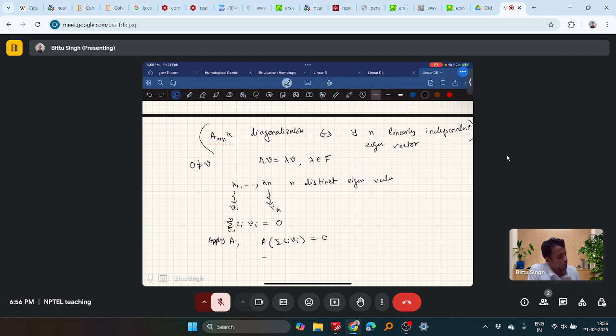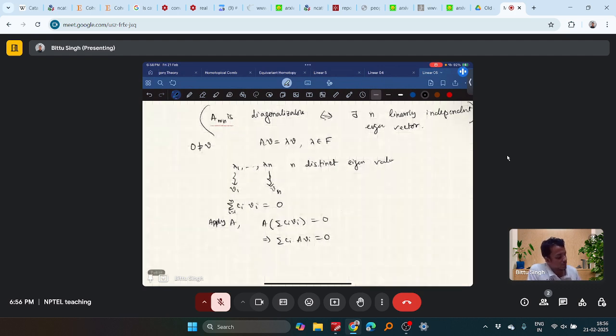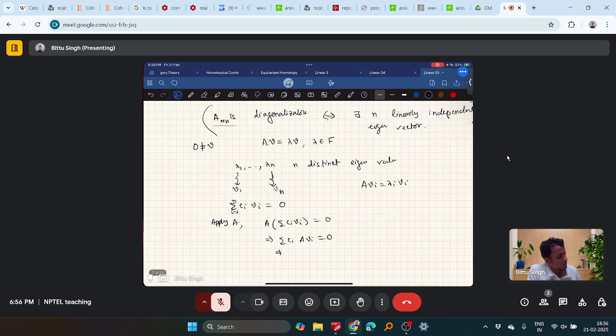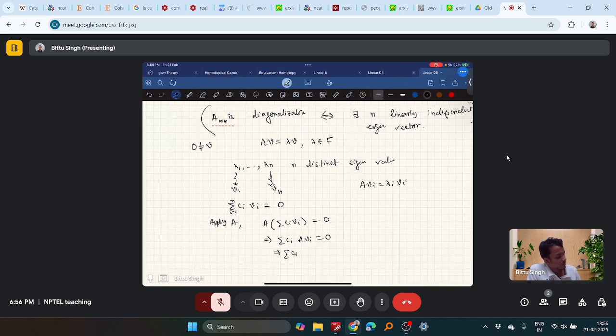By linearity, it is the same as sum of ci A vi equal to 0. But the vi are eigenvectors corresponding to eigenvalue lambda i, so A vi is the same as lambda i vi. So we get the sum of lambda i ci vi equal to 0.